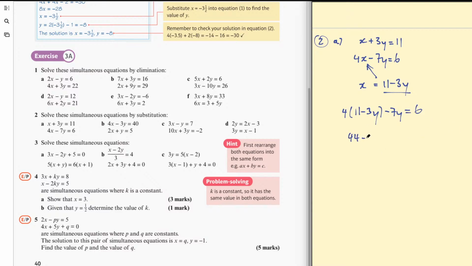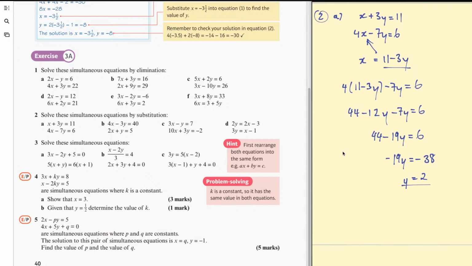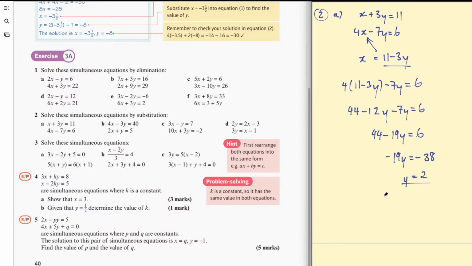So this will be 44 take 12y take 7y equal to 6, and then 44 take 19y equal to 6, then negative 19y equal to negative 38, and then y is equal to 2. And then x would be equal to 11 take 6 would be 5.